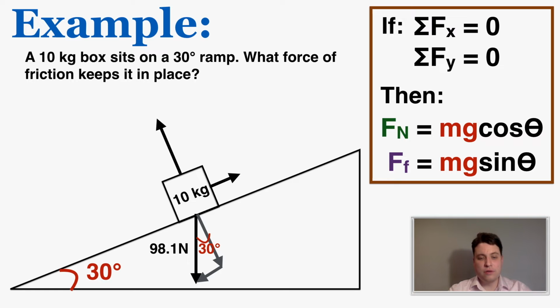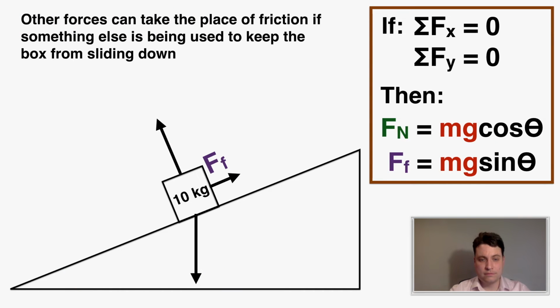And so each of these components is equal to 98.1 times the cosine of 30 and times the sine of 30. So those are the values of the x and y components along these new rotated axes. And so that is equal to the normal force, and that is equal to the force of friction. So that is my answer. What force of friction keeps it in place? The answer here is 49 newtons. That's what friction has to balance out in the gravity to keep it at zero.